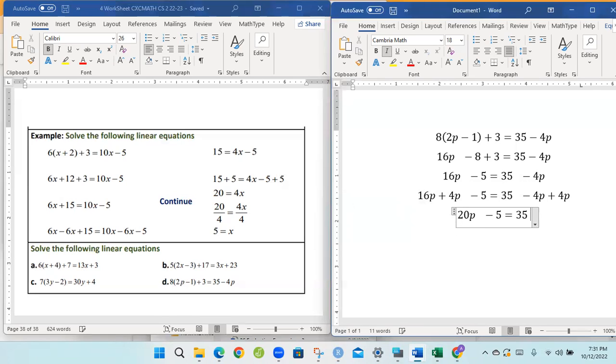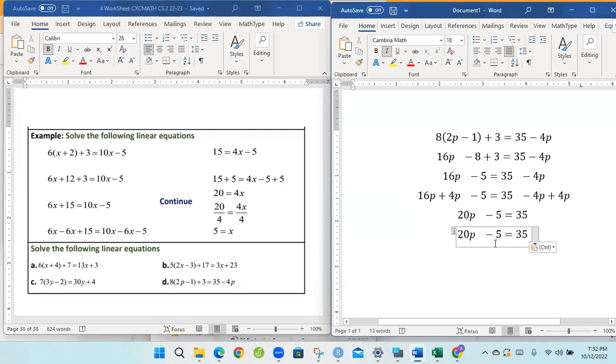If there is a number by itself, you cancel it out because you want to get p by itself. We're trying to make p the subject of the equation, so all numbers by it, we have to cancel out. So we have to cancel out the negative 5. Bear in mind, you normally always divide last when you're solving for x or p.